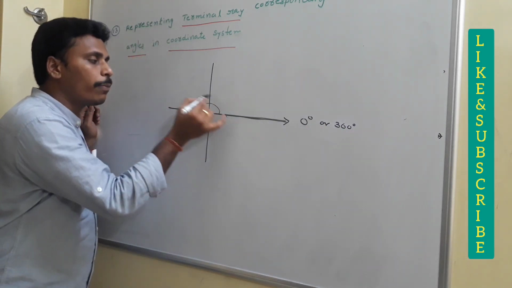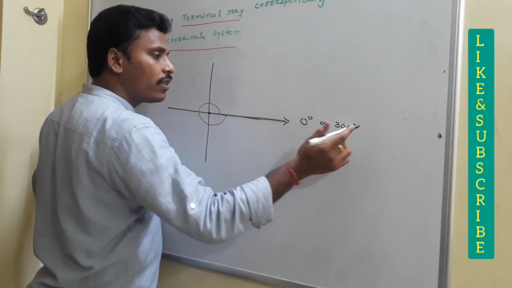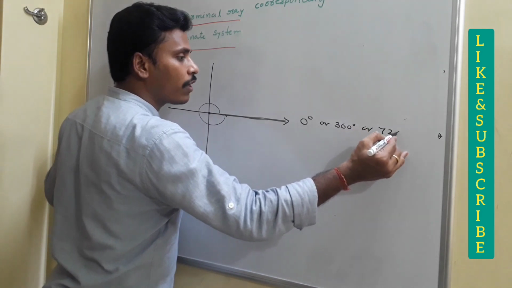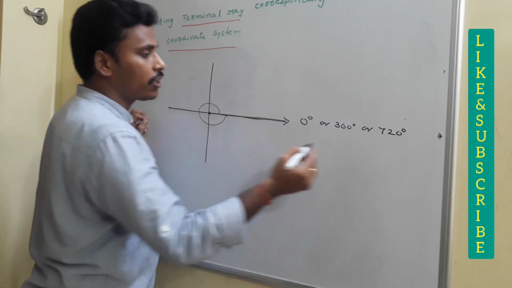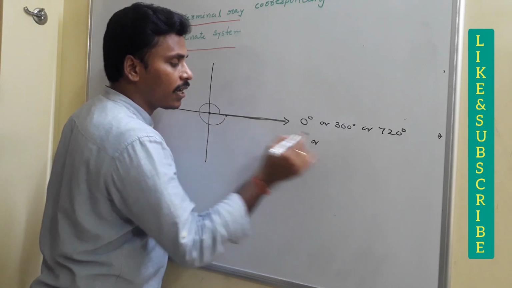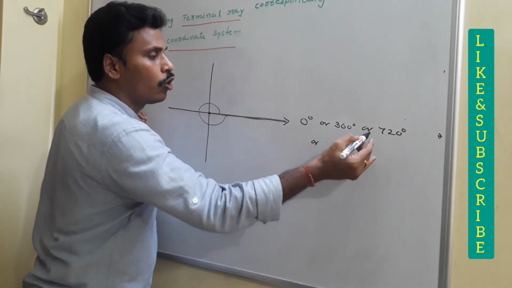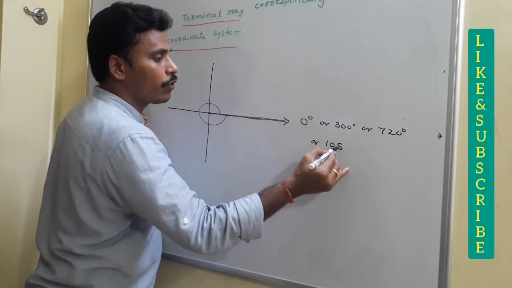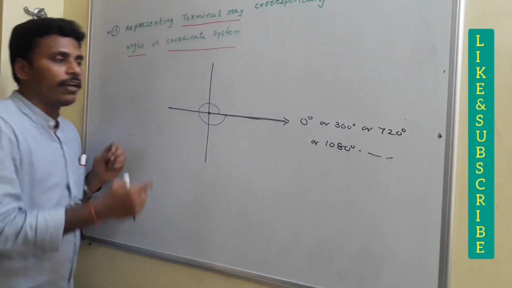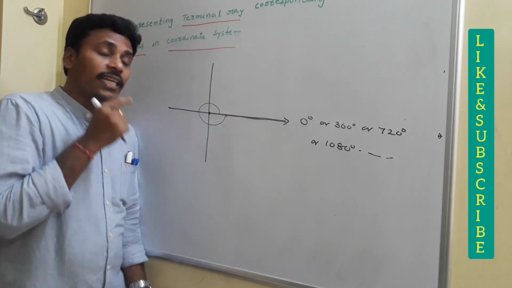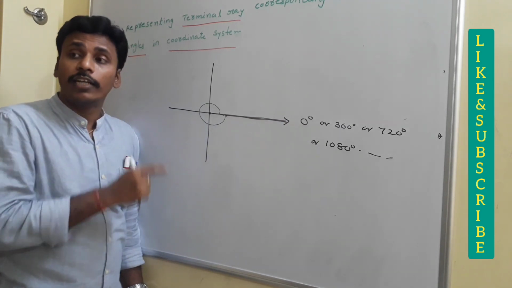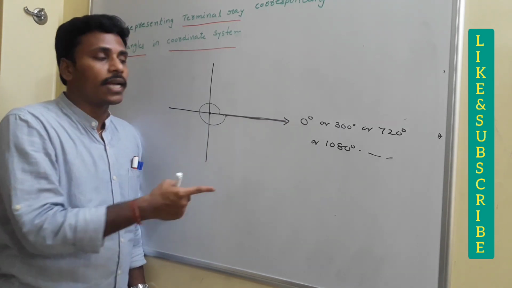If you complete one more rotation, then this terminal ray is also for an angle of 720 degrees. You need to add 360. And if you complete one more rotation, this is a terminal ray for an angle of 720 plus 360, which is 1080, like that. Every time you need to add 360. So the ray is one, but it acts as a terminal ray for different angles.